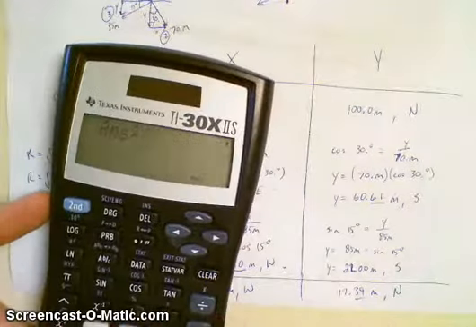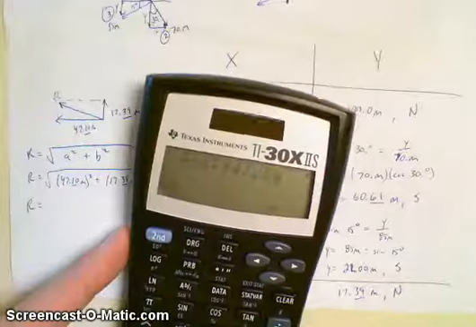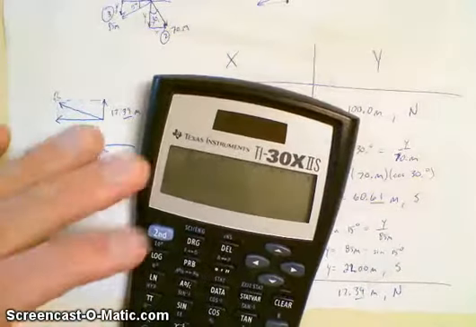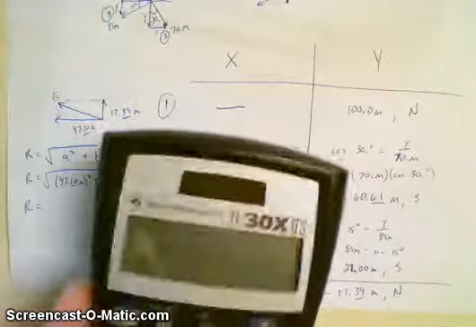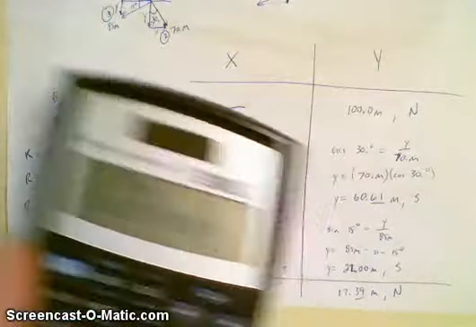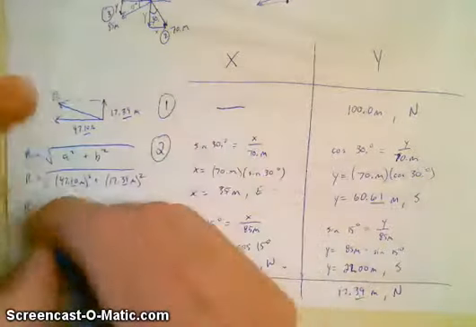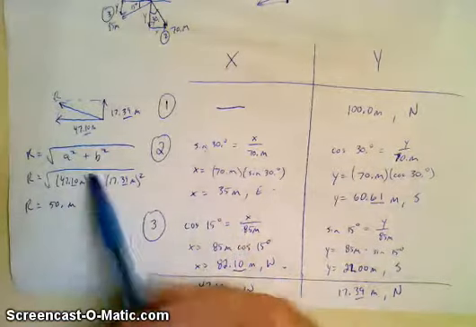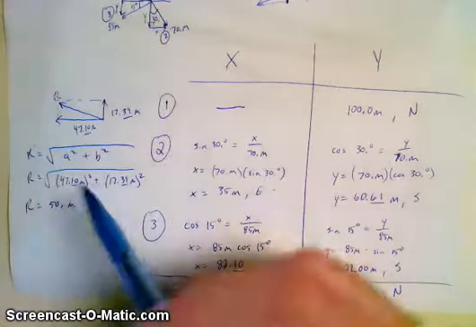I'm just going to hit my squared button, plus 47.10 squared equals square root of my answer, and I get 50.21. Again, I'm only going to keep two digits, so it's going to actually round to 50 meters. I'm letting you cheat a little bit on that addition rule.